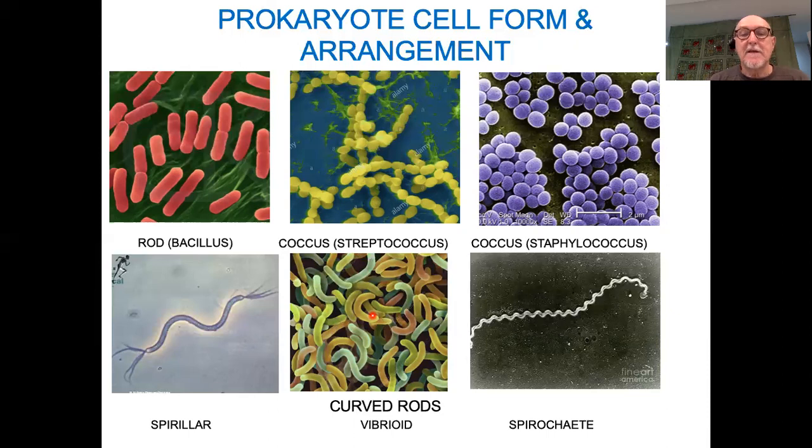And the reason that they're named vibrioid cells is because there is a genus of bacterium, Vibrio, very important genus. There's a species of Vibrio that causes cholera. And those cells are typically curved like this. Although sometimes it's not that easy to see. But nonetheless, these are curved rods or vibrioid cells.